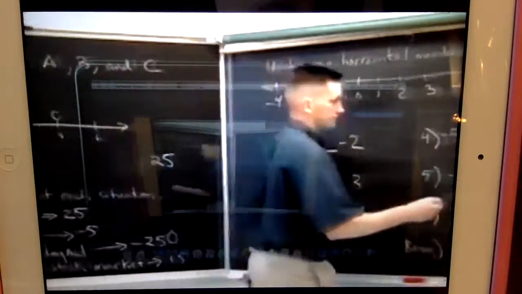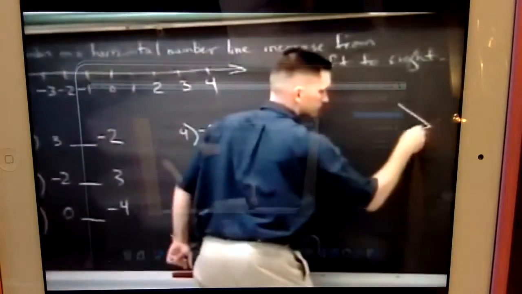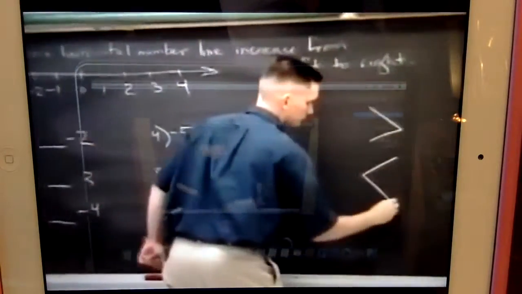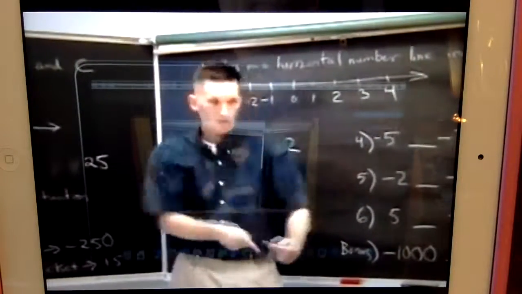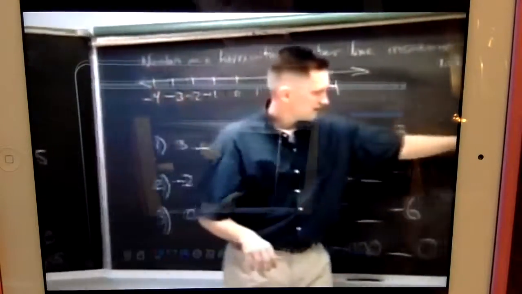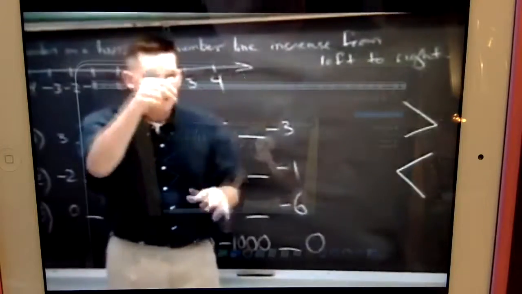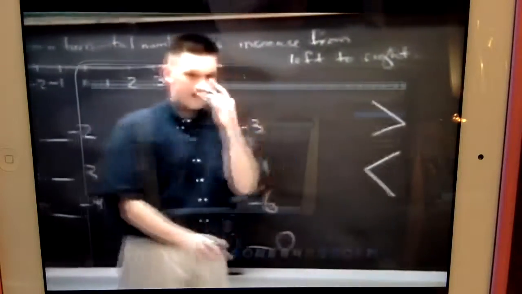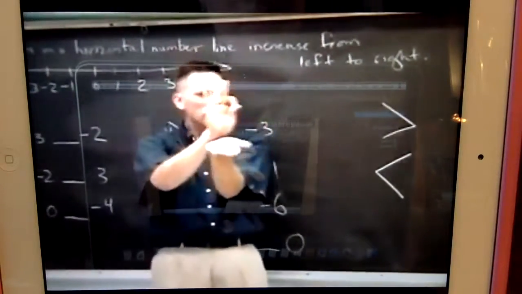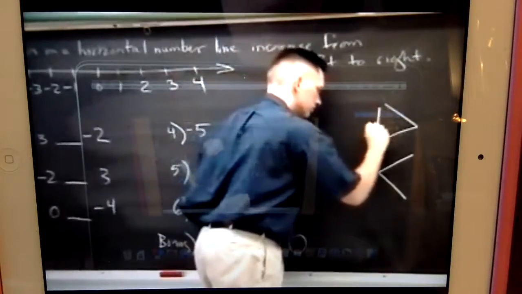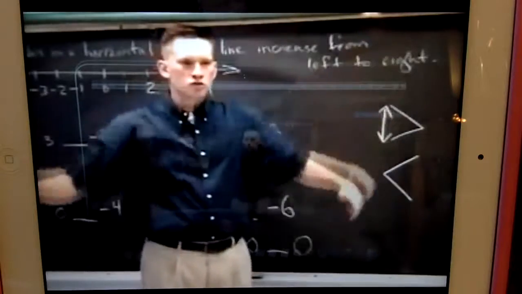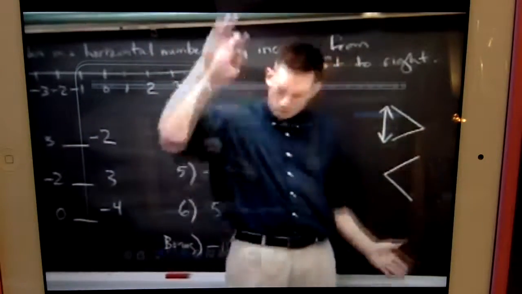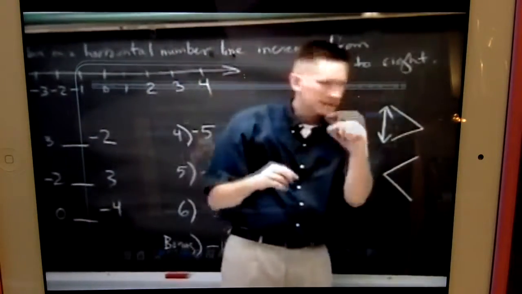Do you guys remember the greater than, less than symbols? I just want to let you know, many people struggle with this concept. So it's very important to remember what each symbol represents. So remember, the wider, the bigger opening means it's larger than or greater than.